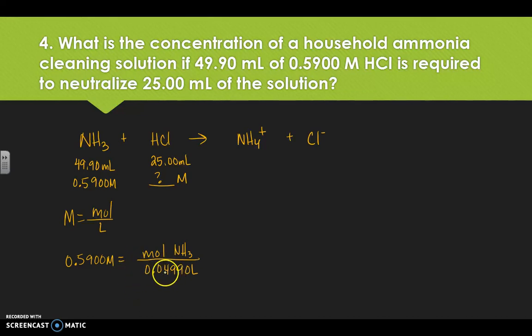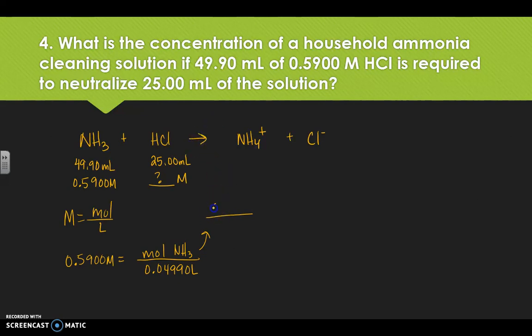Okay, solving for moles, simple algebra. We're going to multiply by our denominator to get rid of the fraction first. So this will give us moles of, well, let's see, I'll write it up here. It gives us 0.5900 times 0.04990.